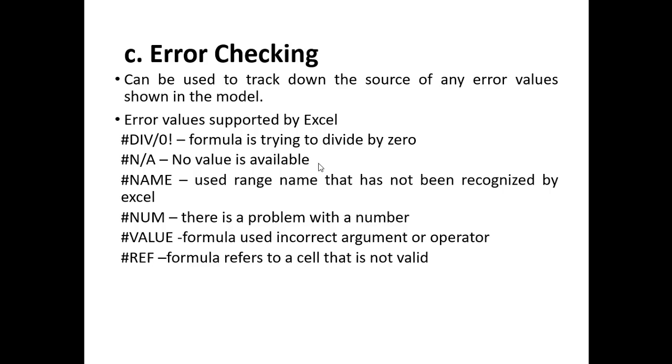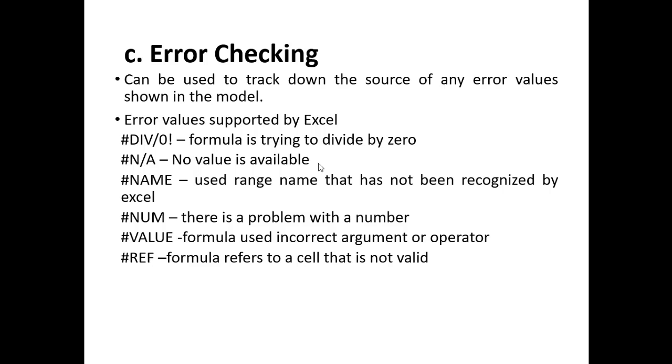And also the value errors. The value errors, the formula used incorrect argument or operator. So if the formula you are using has used an incorrect argument or operator, then you may find a value related error. So we'll see some of them, right?